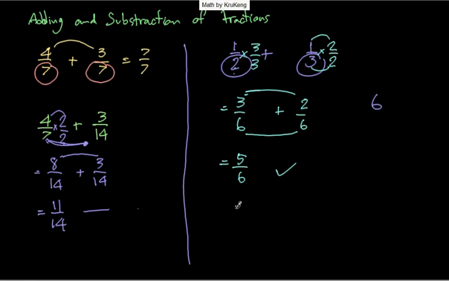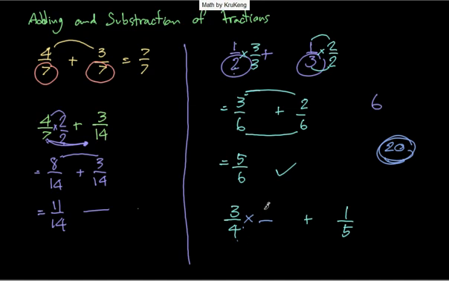Let's say we have 3/4 plus 1/5. So the least common multiple of 4 and 5 is 20. So we need this number 20. What number do we multiply by 4 to get 20?